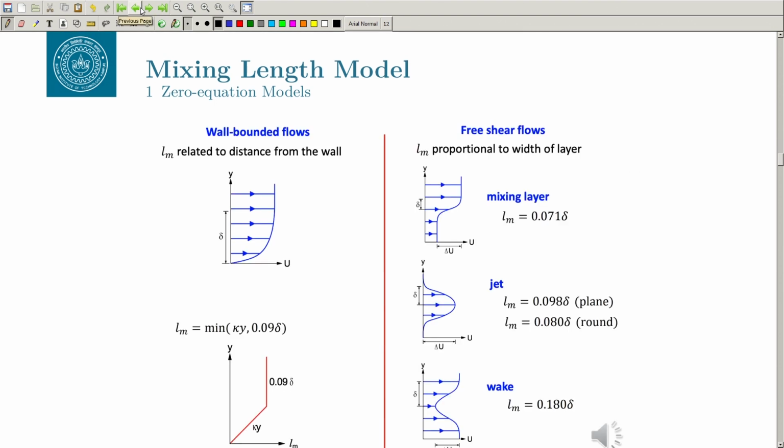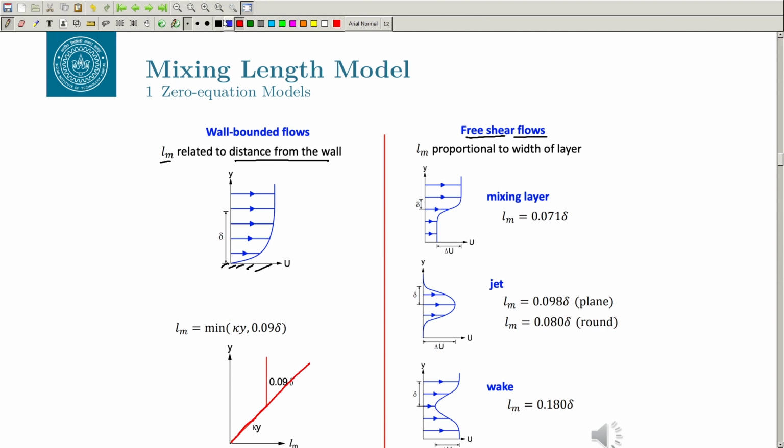Now, for the mixing length model, if there is a wall, then it is fine. What if there is no wall? Let us say there are free shear flows, like which is shown here. In the wall bounded flow, Lm is related to the distance from the wall, as we have seen, and if you would have gone only through the Prandtl mixing length, then this kappa y will keep on increasing.